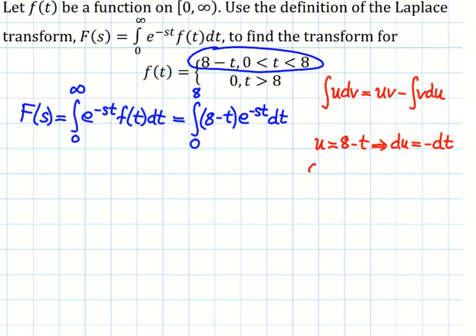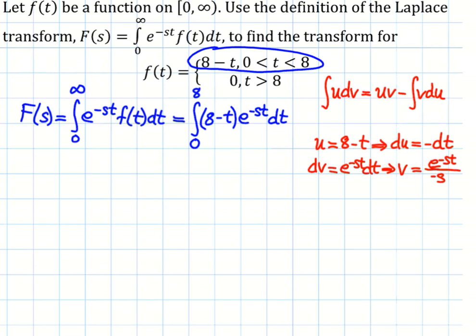And then dv will be e to the negative st dt. Integrating, we have v. The integral of e to the negative st will be e to the negative st divided by negative s. So we have v.